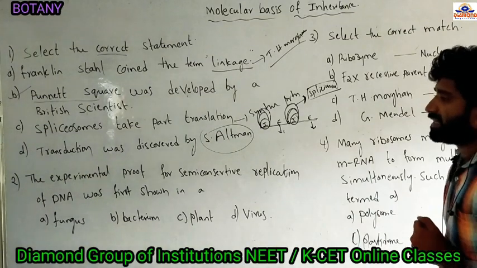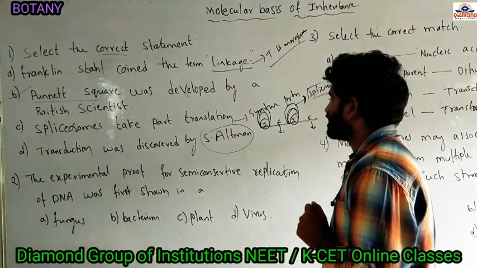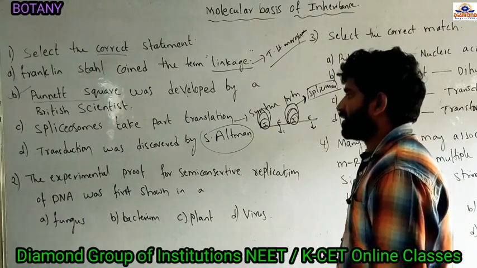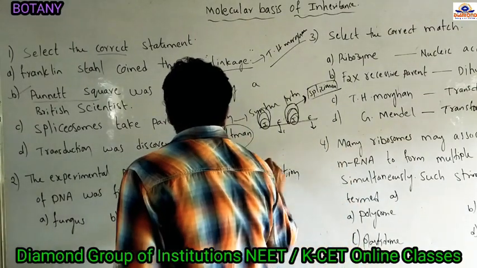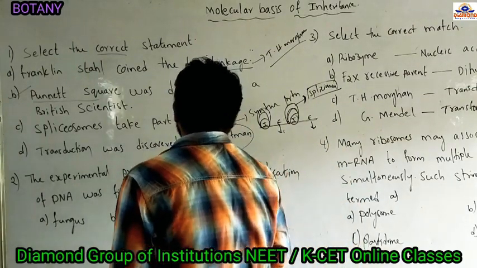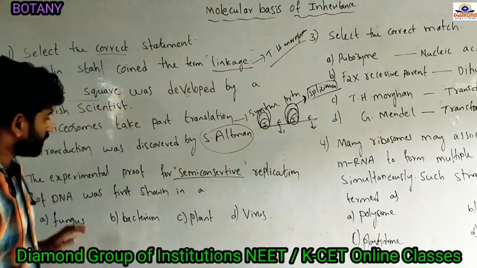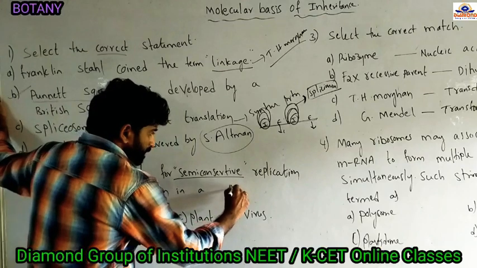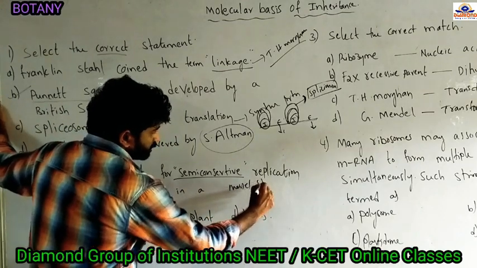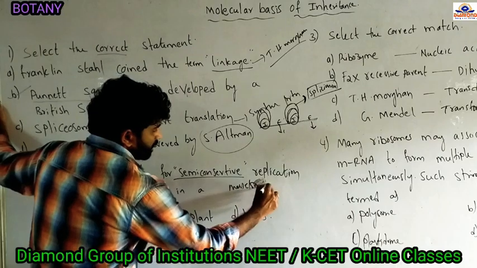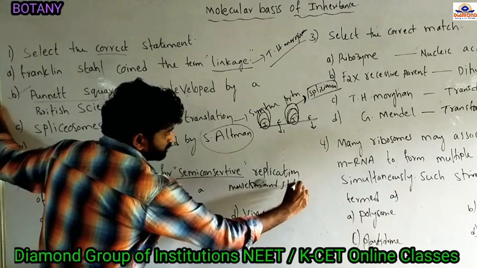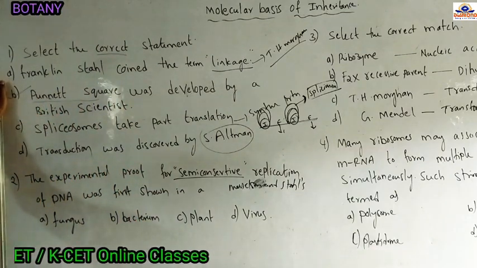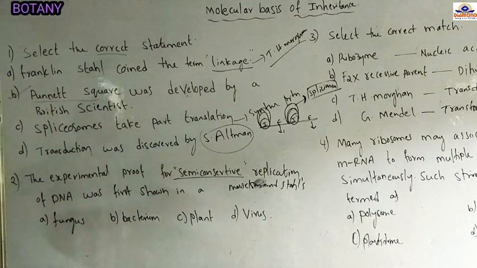Answer is B. And the next question: the experimental proof for semi-conservative replication of DNA was first shown in. Yes, experimental proof of the semi-conservative mode of DNA replication. It was explained by Meselson and Stahl. They did the experiment that proved the semi-conservative mode of DNA replication.